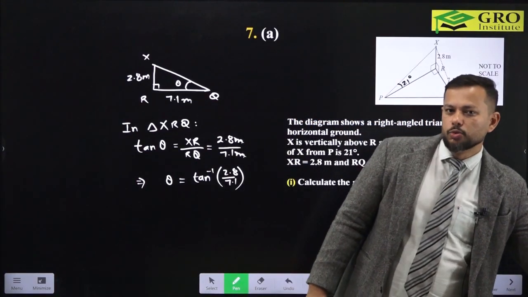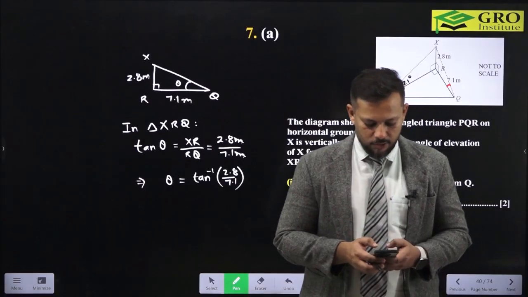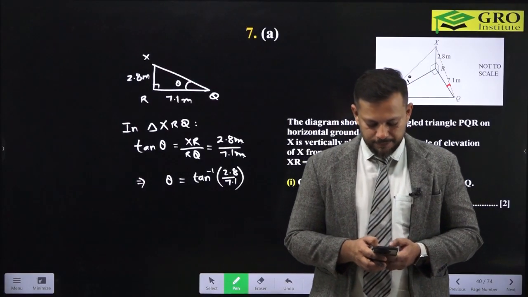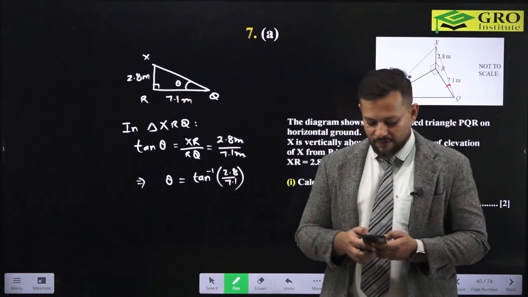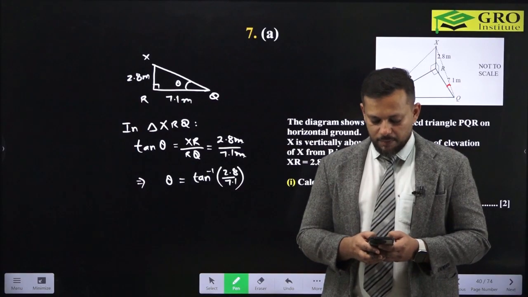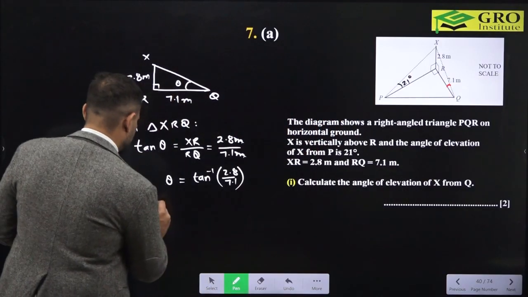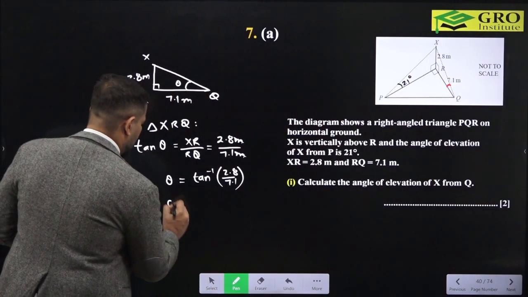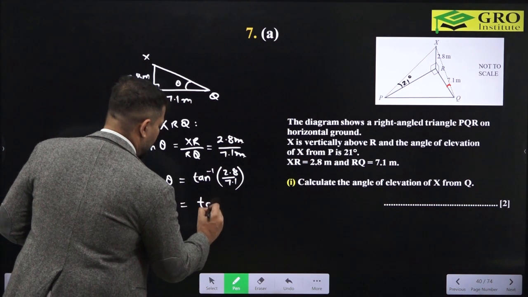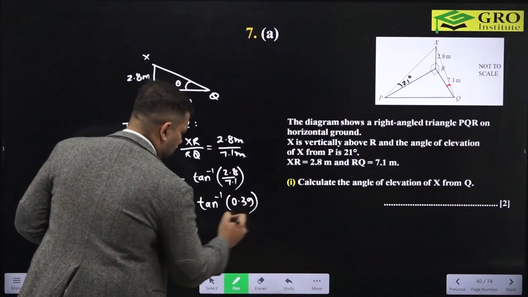Let us quickly use our calculator for the same. Here we have our calculator. I will first find 2.8 divided by 7.1. So 2.8 divided by 7.1 gives us 0.39.